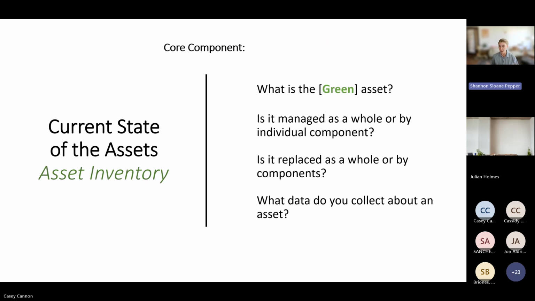For the purposes of asset management, we generally define an asset as something that has either potential or actual value to your organization. So a green asset is something that is part of your system that adds value to your system. That value could be water quality protection, stormwater treatment, public education, or any of those co-benefits as well.